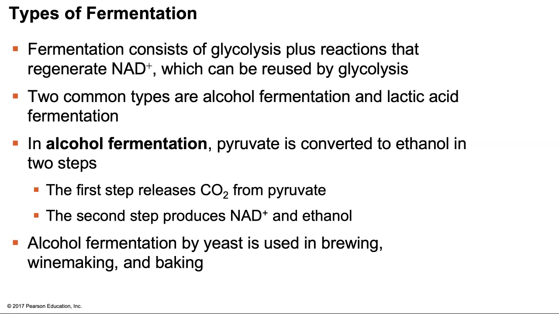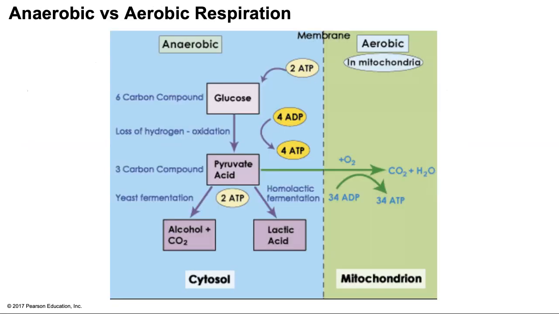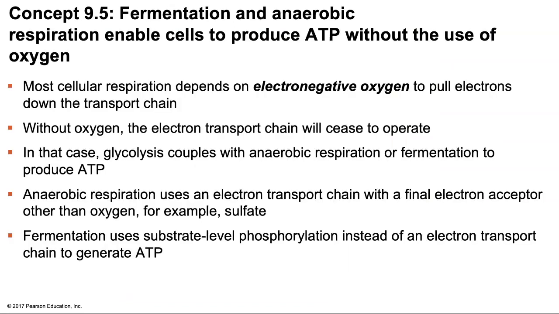Again, fermentation, we start off with glycolysis, right? Glucose into pyruvate. And then we have two alternative ways that we can go from there. So these are our two types of fermentation. We have alcohol fermentation and lactic acid fermentation.